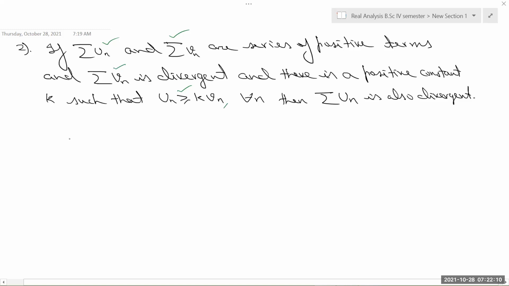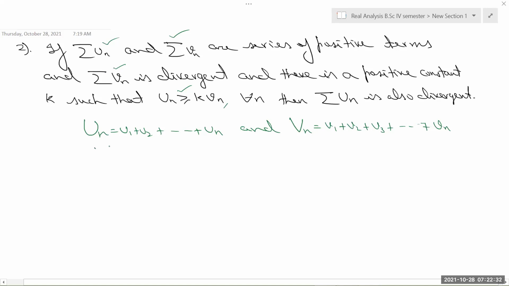So for the proof, we will use the same standard technique. Suppose capital Un is equal to u1 plus u2 plus up to un, its nth partial sum, and capital Vn is equal to v1 plus v2 plus v3 and so on, the nth partial sum of the second series.